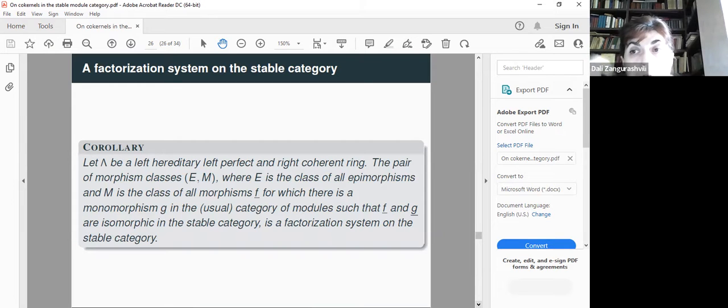So the question arises: if not that natural choice of classes, then what works?